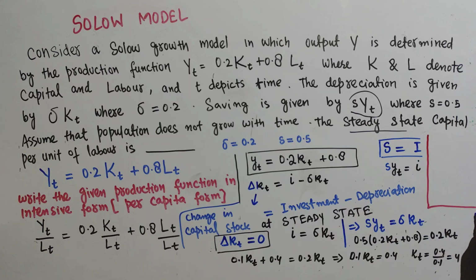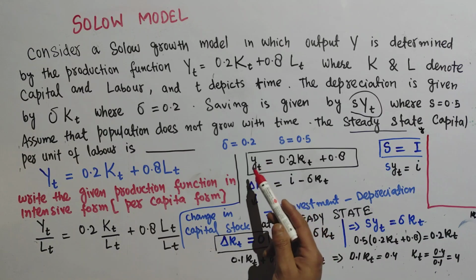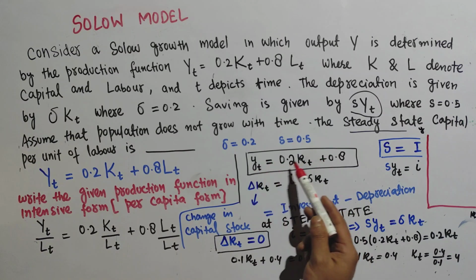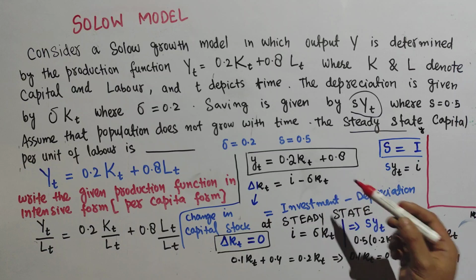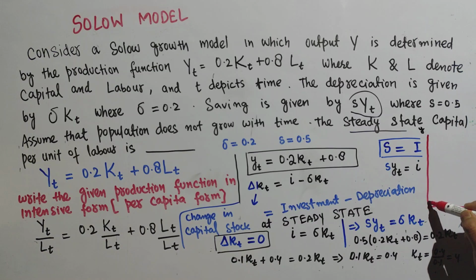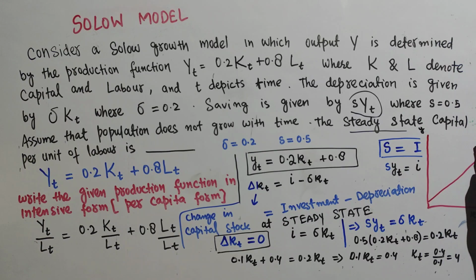Let us say we have capital per worker on the horizontal axis, denoted by k, and output per worker on the vertical axis. So this is our production function, and its intercept is 0.8.